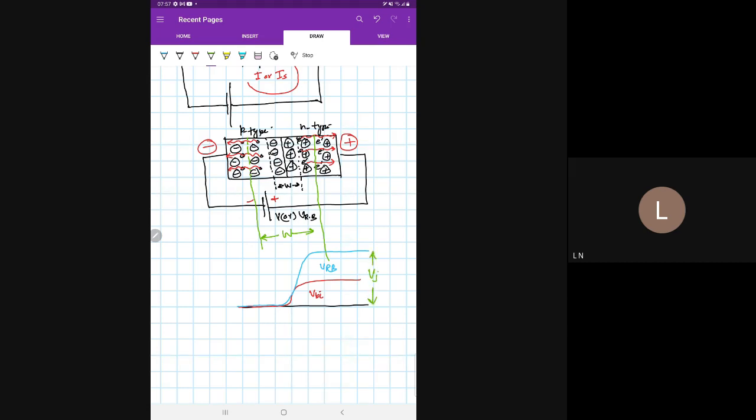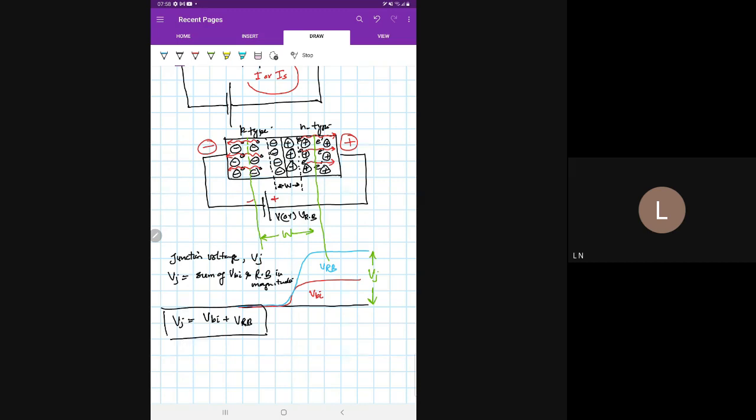So we can say the junction voltage, given by Vj, will be equal to the sum of VBI, the built-in potential, and the reverse bias in magnitude. Vj equals VBI plus VRB, and this is seen from the diagram also.